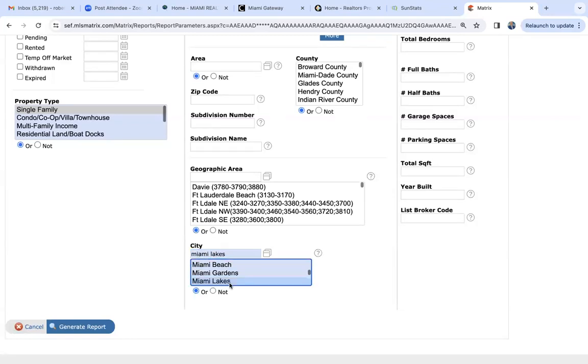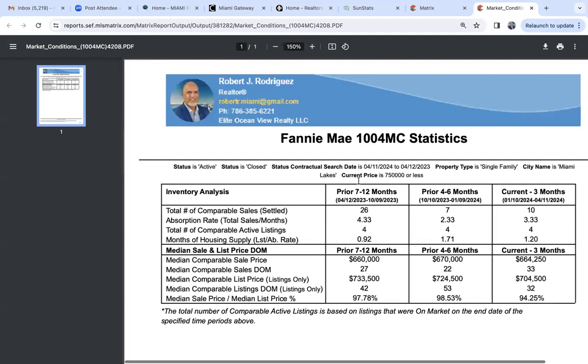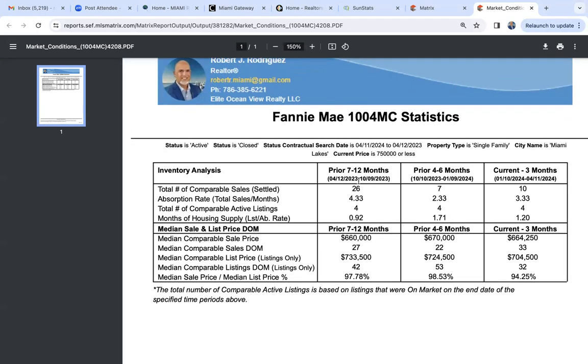Let's go to Miami Lakes. All right, let's go ahead and click on generate. So for homes less than $750,000 in Miami Lakes, it paints a different picture, doesn't it? We've got a client, their max budget is 750, and those properties are flying off the shelves.